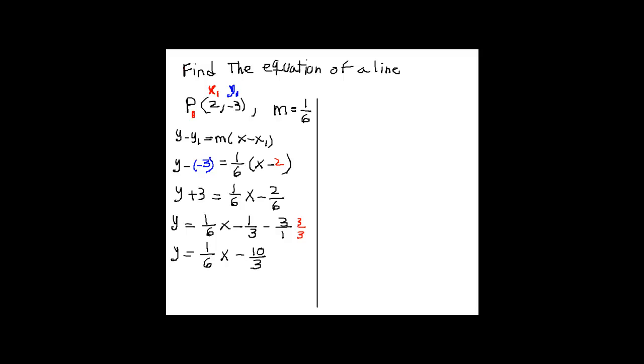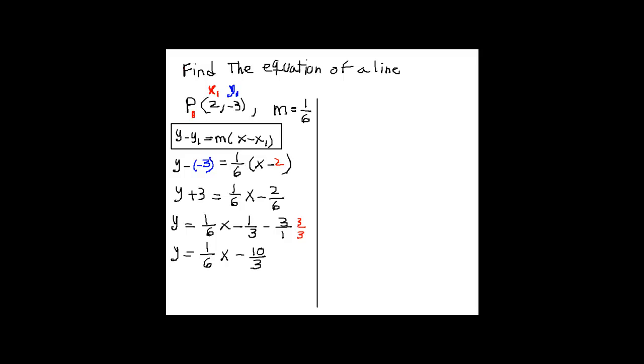Okay, so very quickly, let's make sure that you understand this. First of all, you have to know the formula. In this case, this is the point-slope form, x1 and y1 being the given point, and m is the slope.